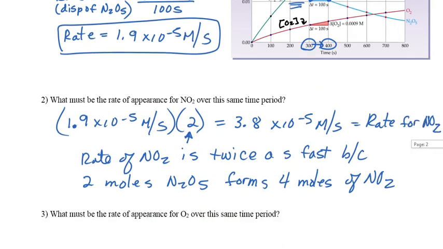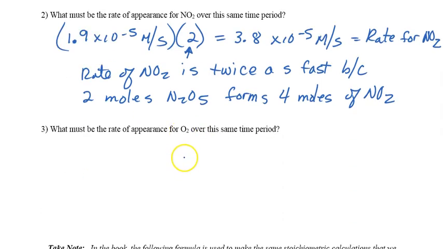All right, so now let's do O2. Easy enough. Let's use our rate of the N2O5 again. We start with our 1.9 times 10 to the minus 5 molarity per second. In this case, 2 moles of the N2O5 goes to 1 mole of the O2.